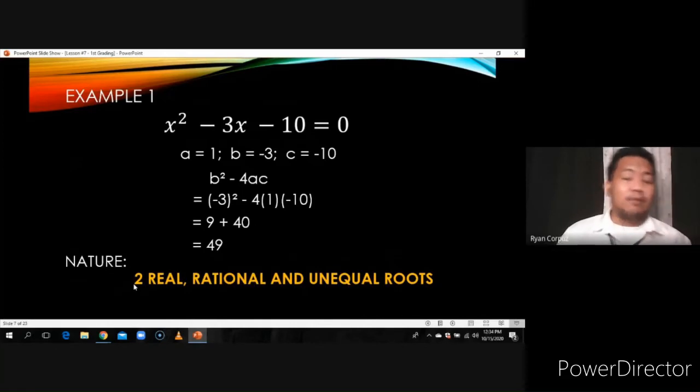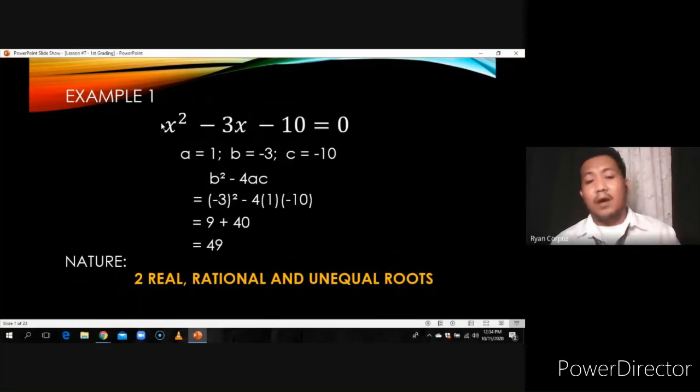That is how we get the nature of the roots. What we need to do is to find out first the discriminant. Then, with the help of that discriminant, we can find out the nature of the roots.